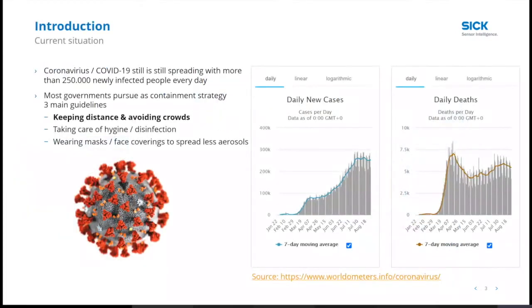So, current situation. I'm sure we're all very tired of talking about this at this point, but it's still a very current event where we're dealing with this pandemic globally. And this is an issue that isn't just affecting the United States. This is affecting everybody, and it is a problem that presents some opportunities for SICK to help, essentially, because we are a technology company, and so we're able to use that technology in a variety of ways.